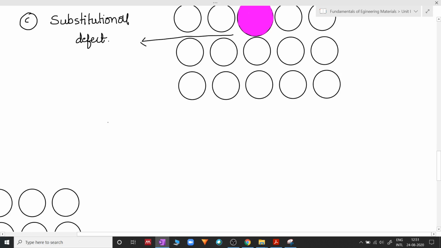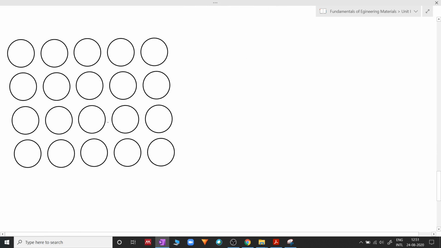Now let us see other defects. Let us say we have this perfect solid with a perfect arrangement of atoms. Now suppose one parent atom, like this atom, comes and enters into the interstitial site. This is the interstitial site. The atom is from here and has come to this interstitial site.